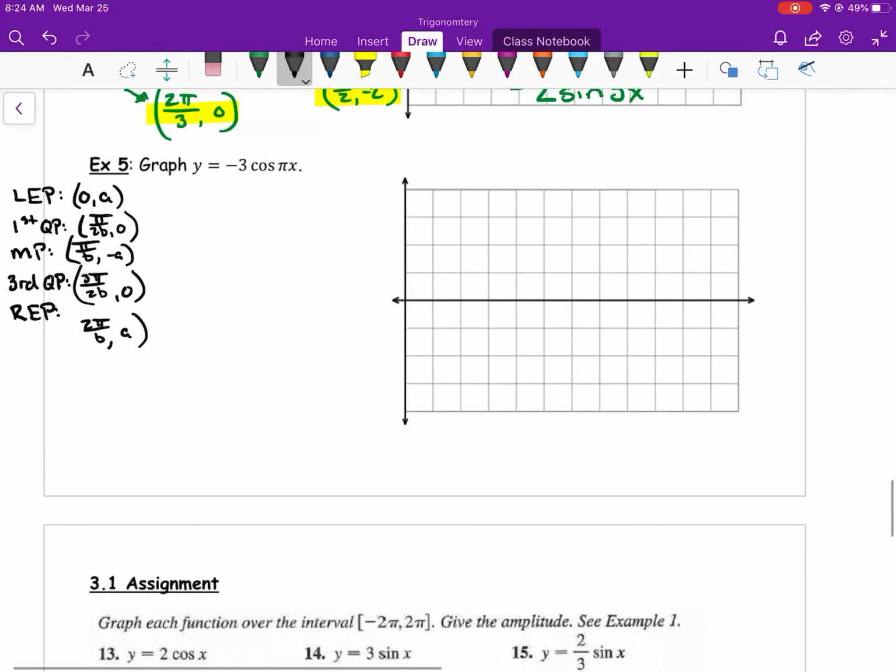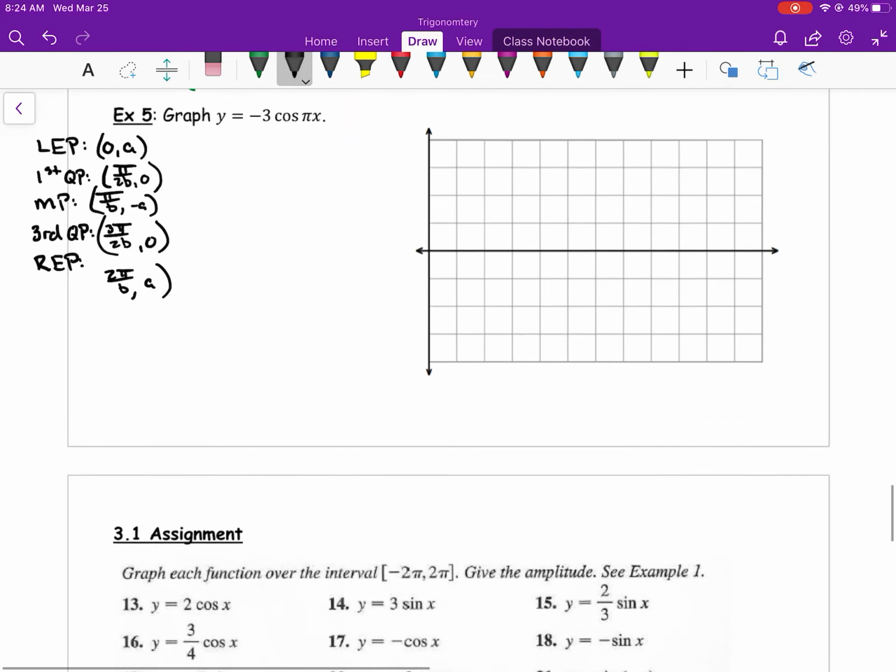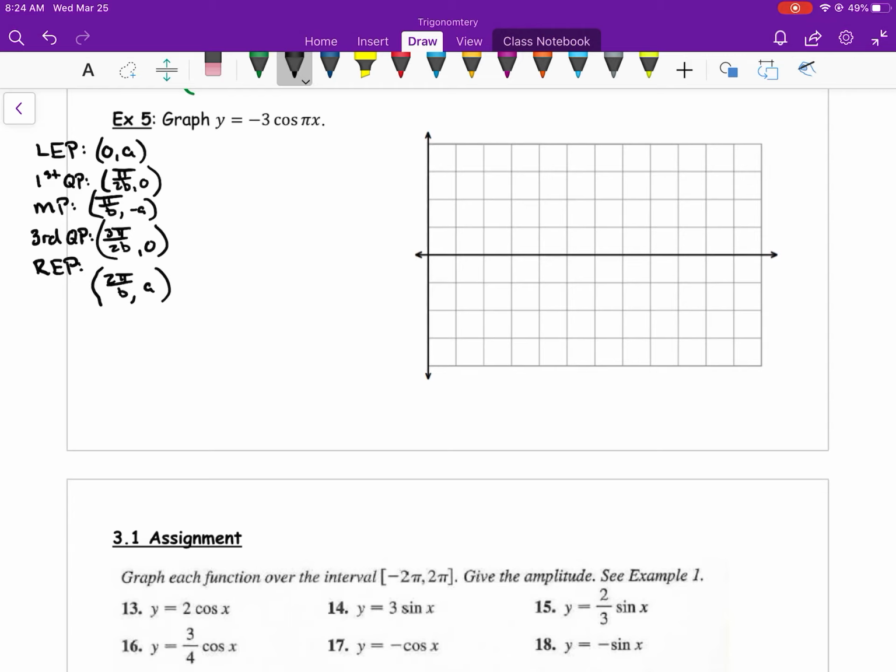Sorry about that. There we go. So, my A is the number in front, so the absolute value of negative 3 is 3. And in my B, this is pi. I'm doing red.